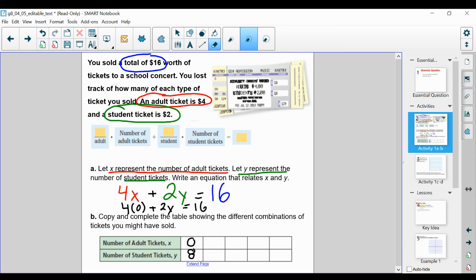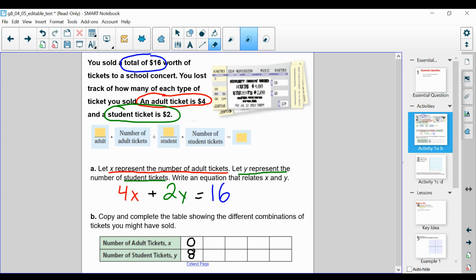So this is the process that you are going to be completing. You are going to be substituting in some kind of given value, and we are going to be figuring out how many of the other subgroup could have been there. If you let there be 2 students, well, how many adults had to be there? If you had 5 students, how many adults had to be there?